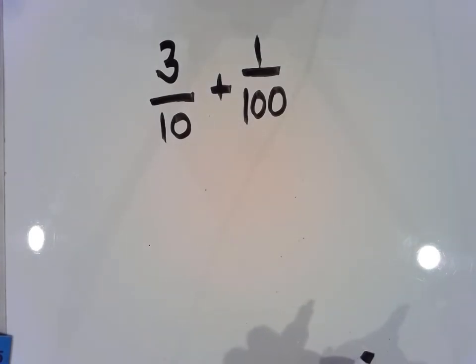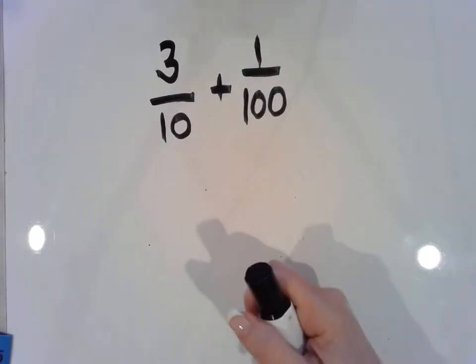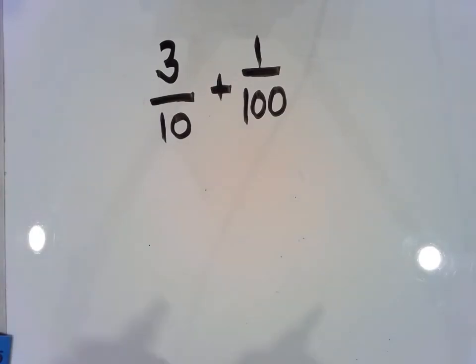The first thing I need to think about is that whatever I do to the denominator in a fraction, I am going to have to do to that numerator. Ms. Clark likes to tell little stories, and one of those stories is that these are like siblings and they argue. If you do something to the bottom and you don't do the exact same thing to the top, you're going to have a crybaby on your hands.